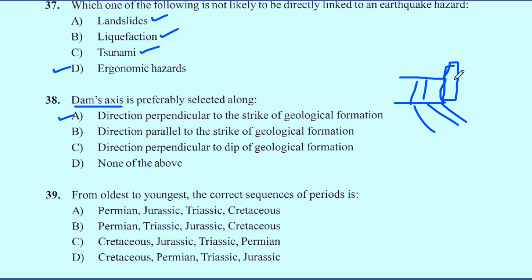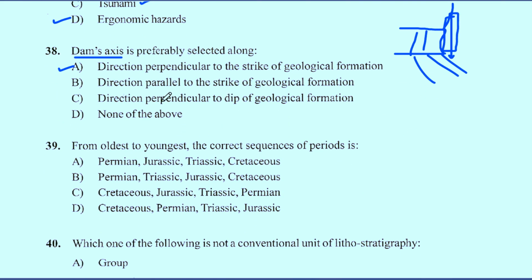So the dam axis is like this, and it is always perpendicular to the strike. This is our strike. It is perpendicular. If it is parallel, leakage chances are there along the bedding plane. So that's why this is our answer.